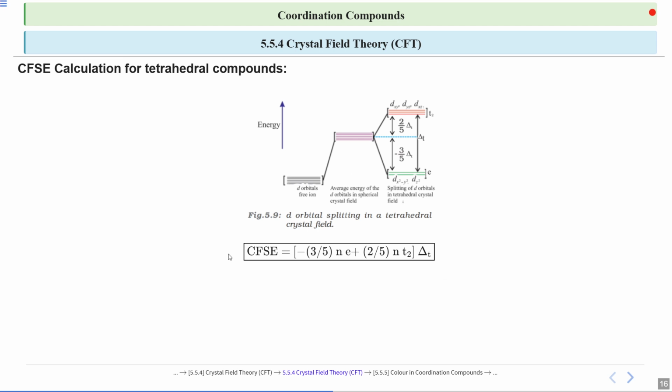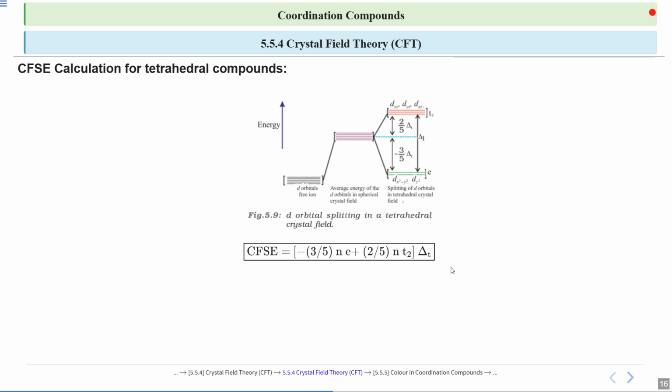Here CFSE is given by only this formula, where Ne represents the number of electrons in the E set, and Nt2 represents the number of electrons present in the T2 set.